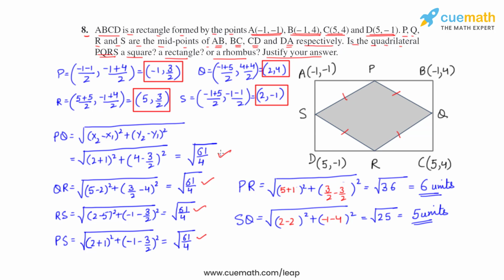So we got that PQ is equal to QR is equal to RS is equal to PS, but PR is not equal to SQ. So we can say that PQRS is a rhombus. So this is the final answer.